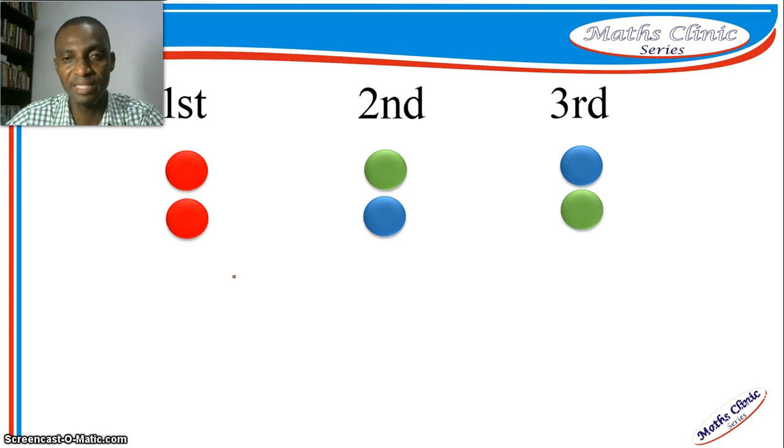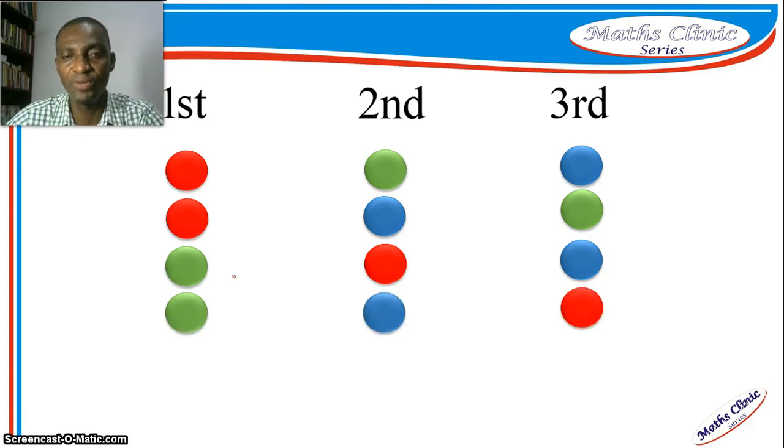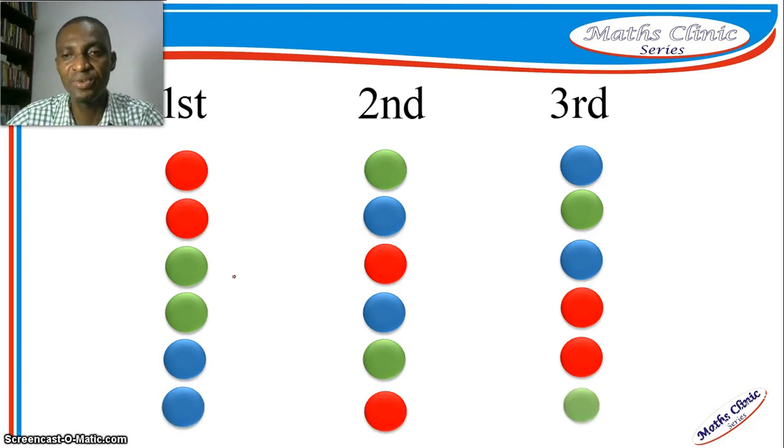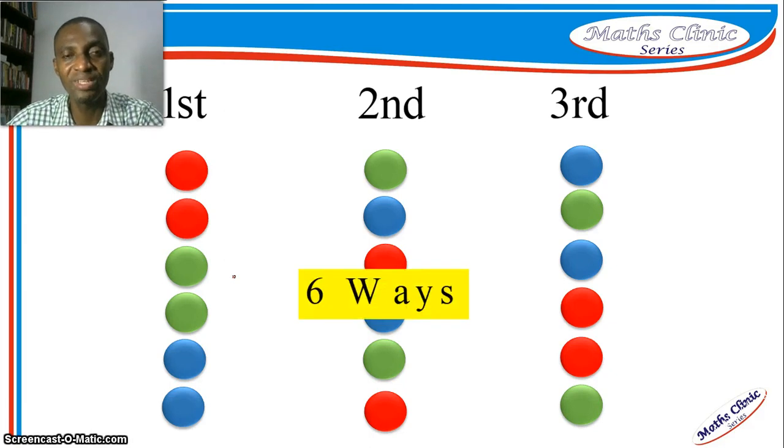Then I can have green, red, blue, and green, blue, red. So how many have I gotten so far? 4. Then I can also keep blue first, green second, red third, or blue first, red second, green third. Could there be any other way? That is all. So here we have 6 ways of arranging 3 items with different colors.